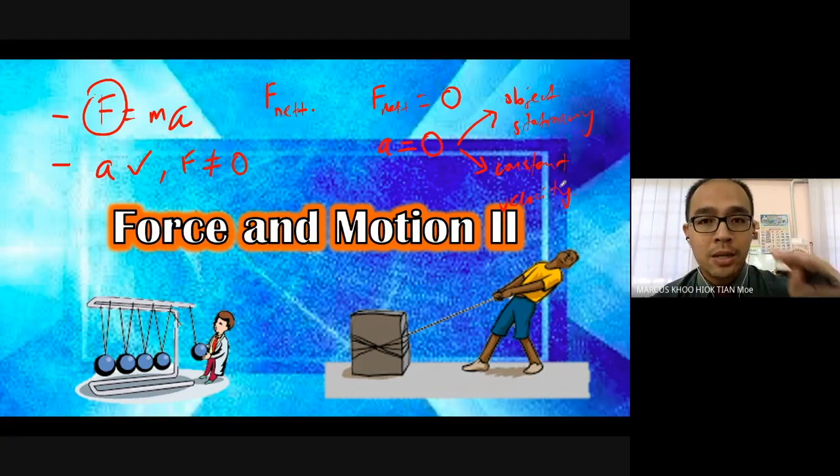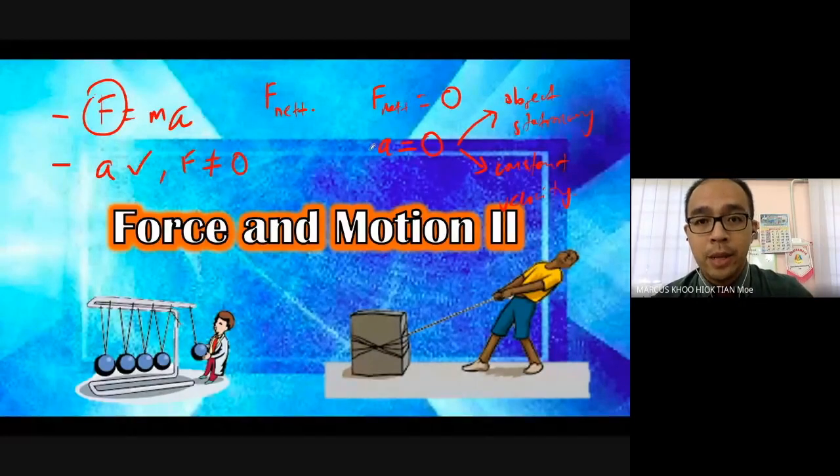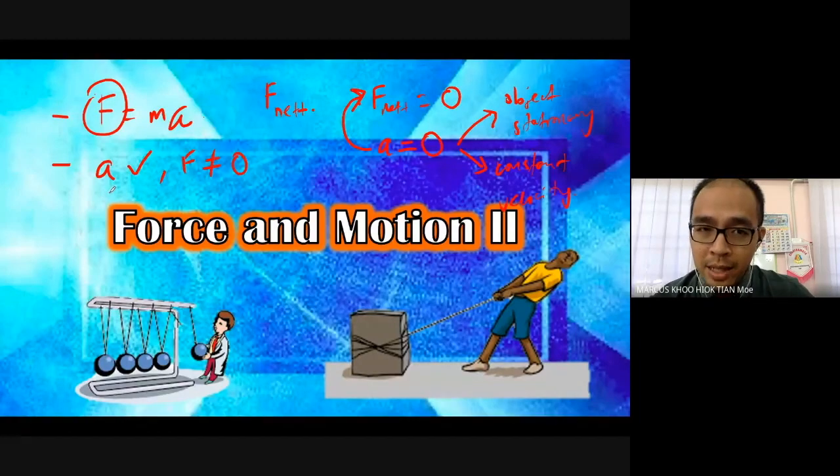Its speed and velocity do not change. That's why there is no acceleration. And when there is no acceleration, the net force is zero. If there is an acceleration, it means the net force is not zero. It is either more than zero or less than zero, depending on the direction.